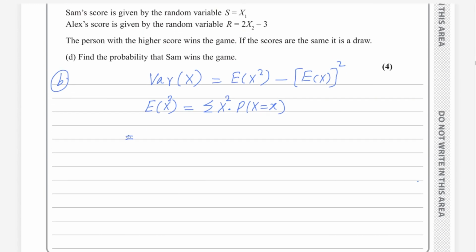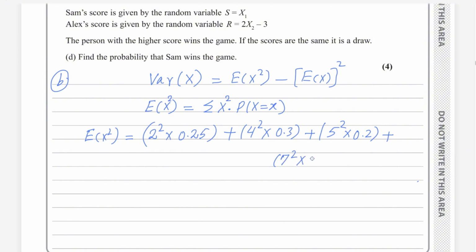So here I'm writing for expected value of x square. First value is 2 square multiplied by the corresponding probability 0.25, plus the second value is 4 square multiplied by the probability 0.3, plus 5 square multiplied by the corresponding probability, that is 0.2, plus 7 square multiplied by the corresponding probability 0.1, and the last one is 8 square multiplied by the corresponding probability of 8, that is 0.15.